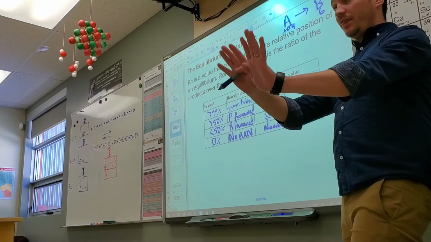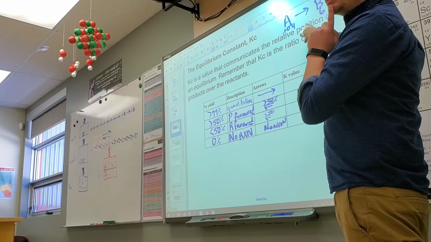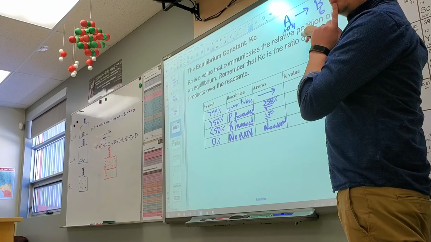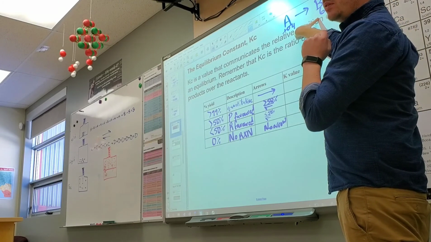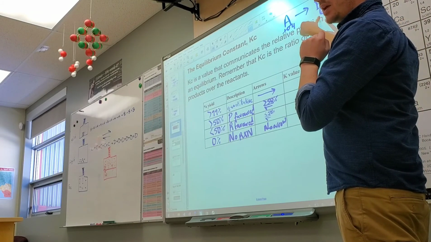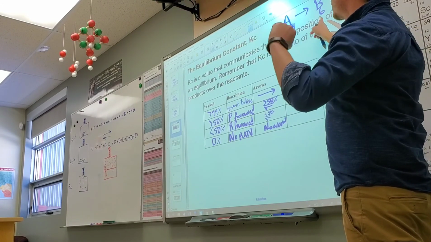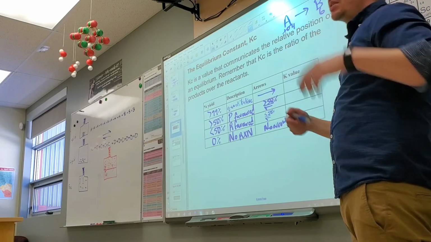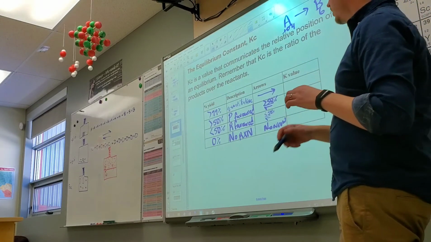Now, let's use this example. Was this products favored or reactants favored? At equilibrium, what's there more of? Products, right? Let's assume these were the concentrations of these two things. What would be the Kc for this reaction?